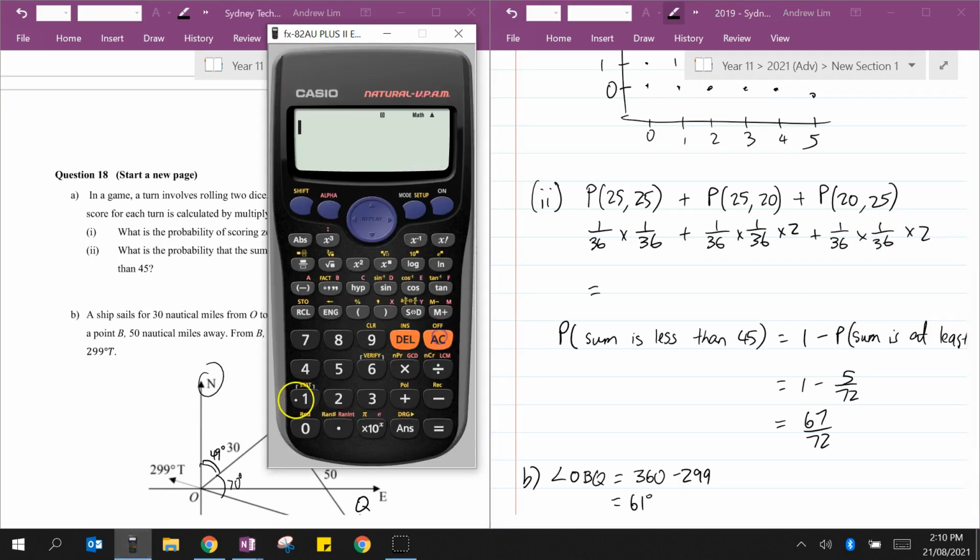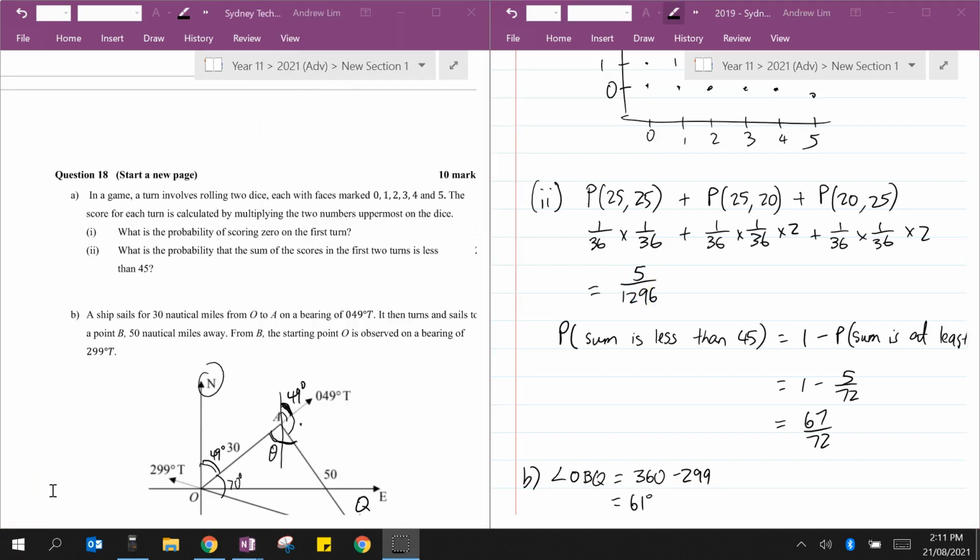So hopefully that will be better. Let me just think, there's 5 lots of that, so I'm just going to times that by 5. 5 over 1296. And therefore I need to change this to 1 minus 5 over 1296, which has to be 1291 over 1296.